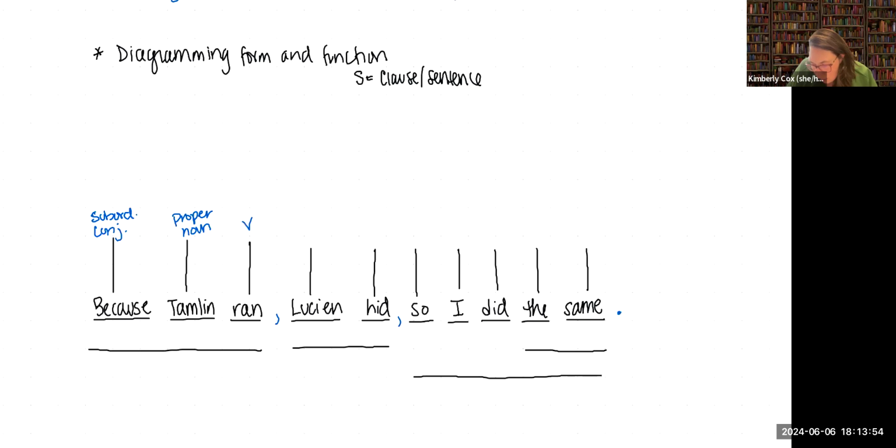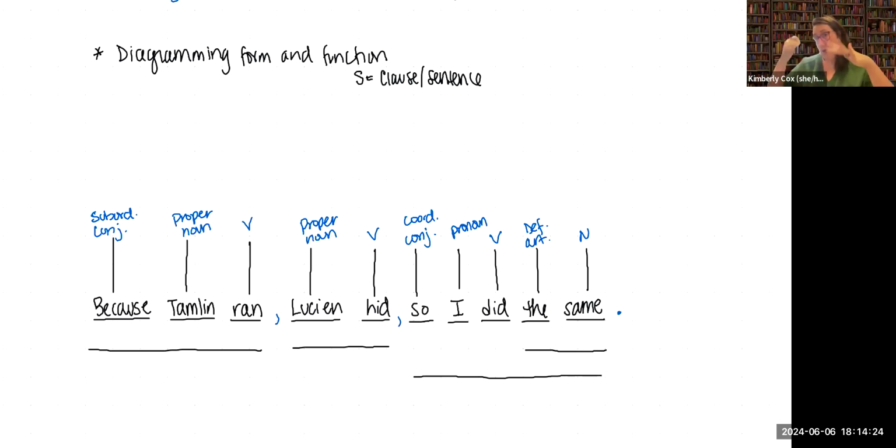Lucian is a proper noun. Hid is a verb. So is a coordinating conjunction. I is a pronoun. Did is a verb. The is a definite article, right? And same is a noun.